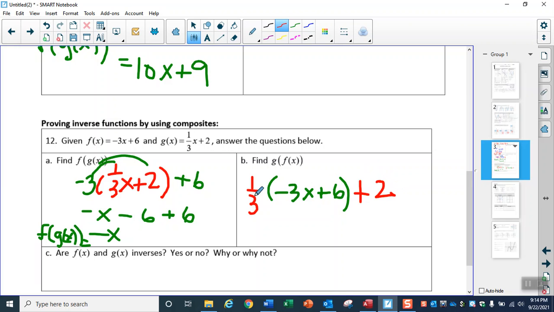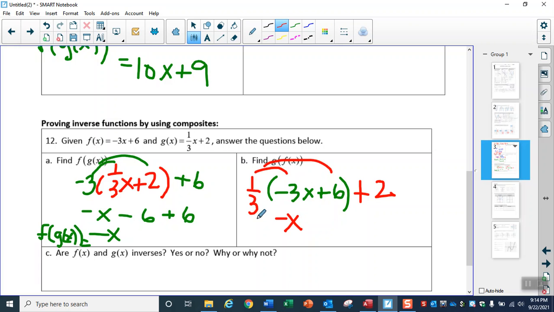So let me check to make sure I've got it right. So g has f in it. So here's g, 1/3 x plus 2. Boom, that's g. And then f is inside of that. Okay, and so now I'm going to use my distributive property. So 1/3 times 3 is 1, and so this would be negative x.